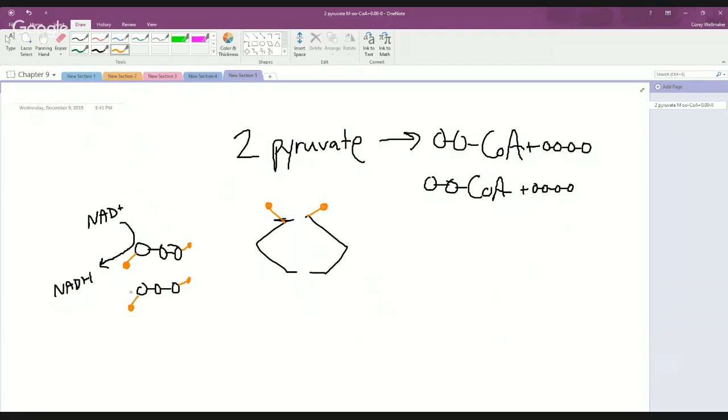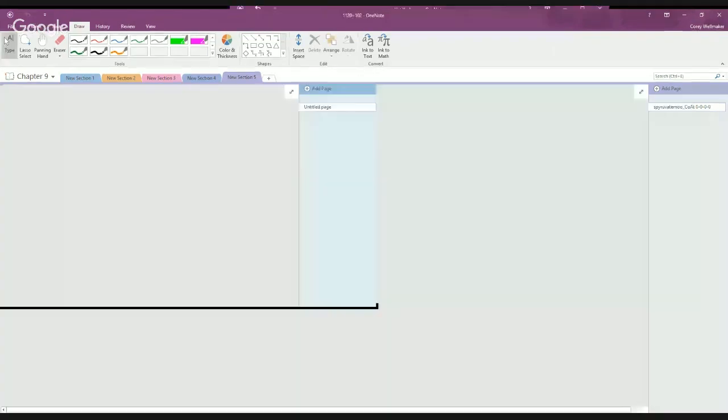Now we have 4 phosphates, which means that the cell can rip each phosphate off and transfer it onto an ADP to make ATP. This is called substrate level phosphorylation, because we're using an enzyme to rip these phosphates off and transfer them directly onto ADP. So that's how glycolysis creates ATP.